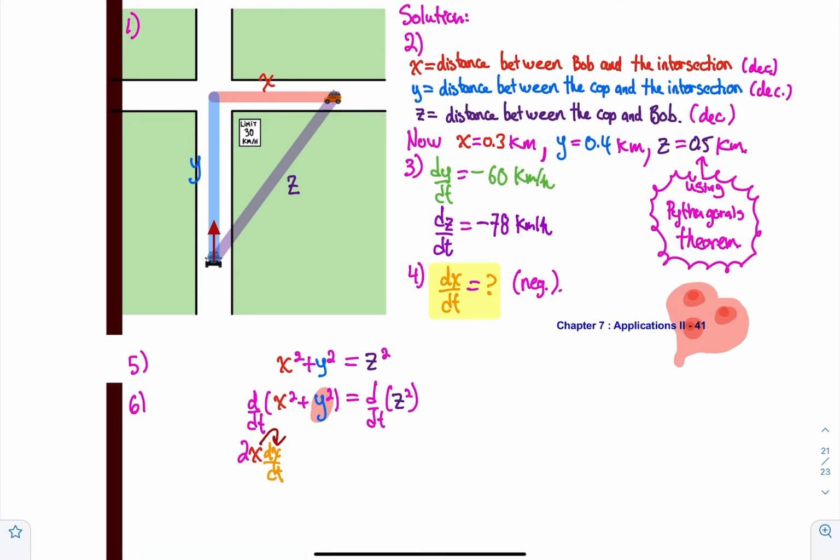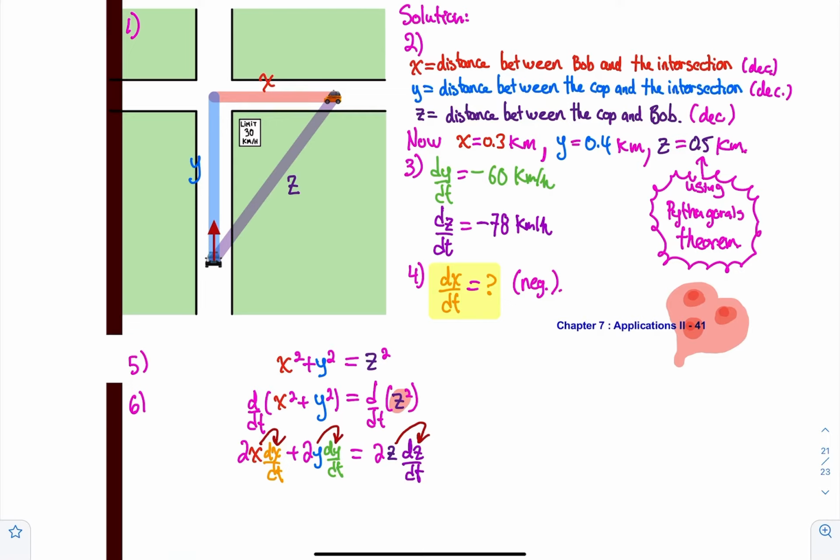So the derivative of y squared will be 2y times dy/dt. So anything that changes, you need to multiply by the rate. And then on the right side, z squared will go to 2z times dz/dt. So that's the equation that links all the rates together.